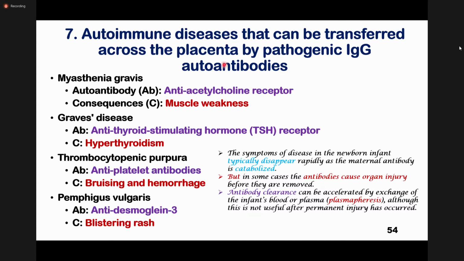The first one is myasthenia gravis, with muscle weakness, and Graves disease, with thyroid hormone, like hyperthyroidism, and thrombocytopenic purpura that we talked about earlier regarding platelets, and pemphigus vulgaris, about the skin, with blistering. So these are good examples of IgG autoantibodies transferred from mother to child.